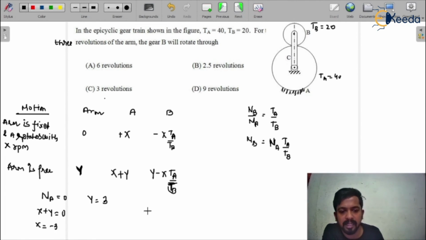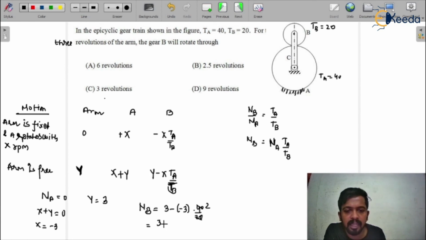But we have to calculate the speed of gear B. So Nb is equal to 3 minus minus 3 multiplied by Ta upon Tb. Ta is 40 upon 20, that would be 2, and that is 6. 3 plus 6 would be 9. So finally the answer is 9 revolutions. The speed of B is 9 revolutions.